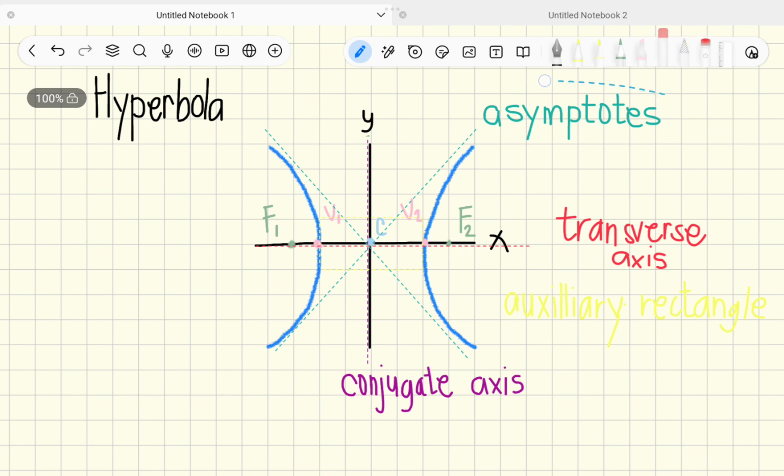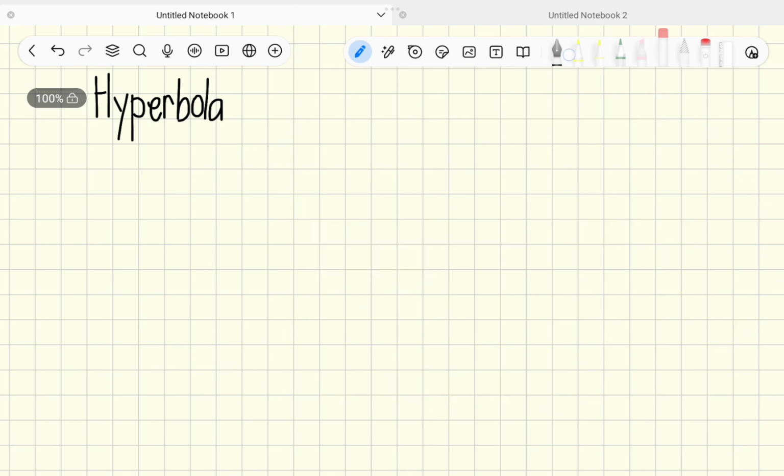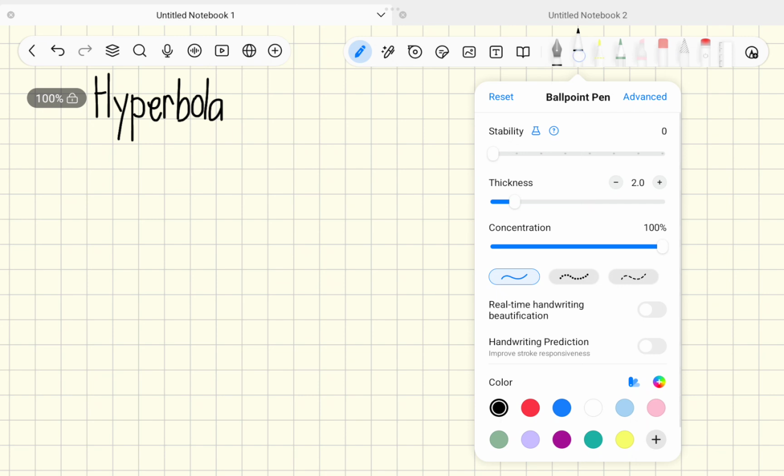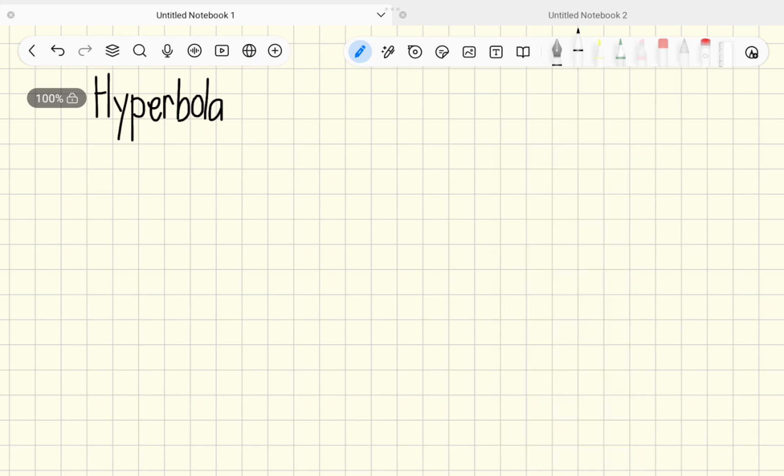Now with your equations, what are the possible equations? We have the general equation: ax squared, where a and c will have different signs, minus cy squared plus dx plus ey plus f equals 0.